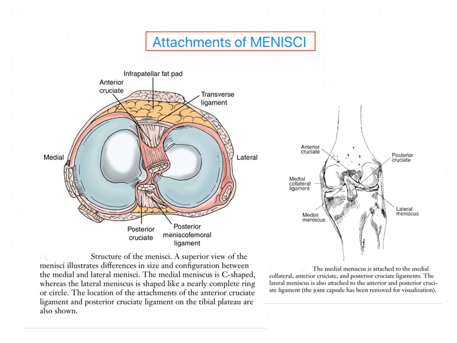If you see the common attachments, the open ends, this one is the medial meniscus and this one is the lateral meniscus. Centrally it is thin, and peripherally it is thick.